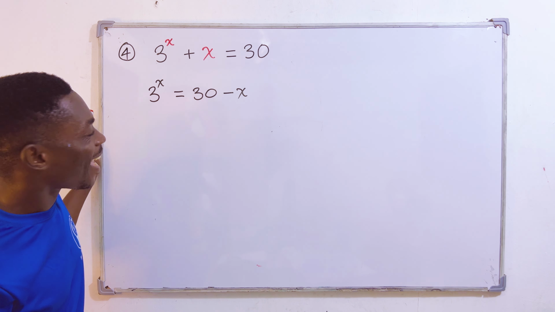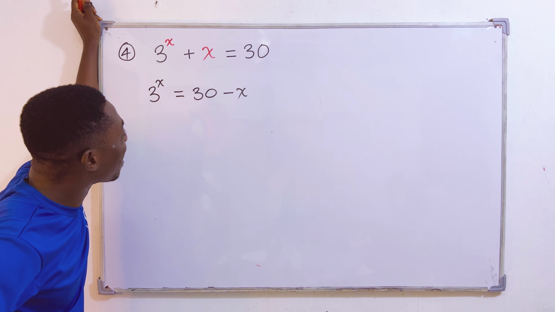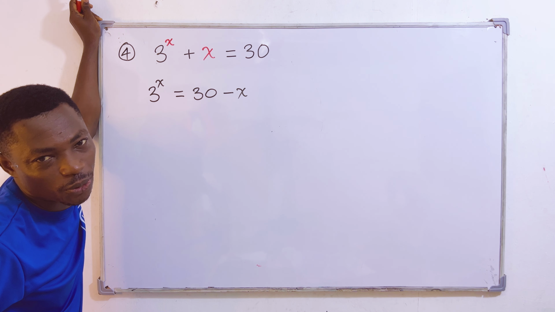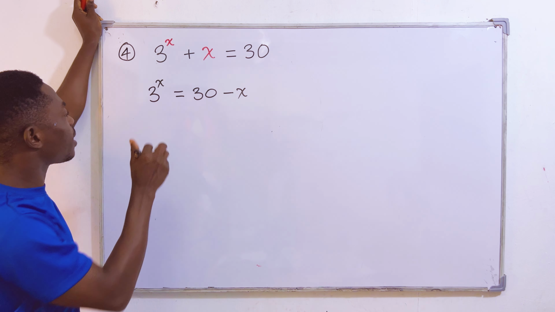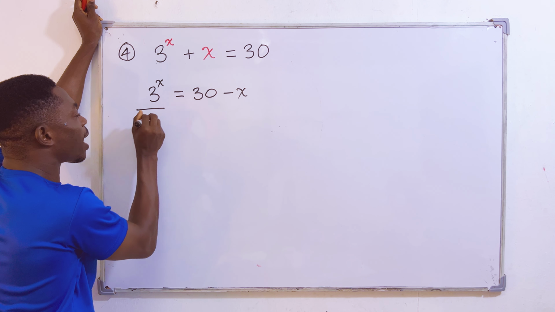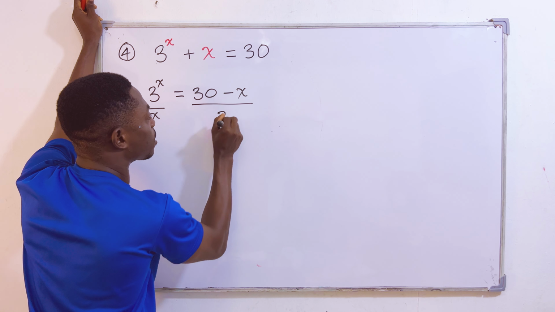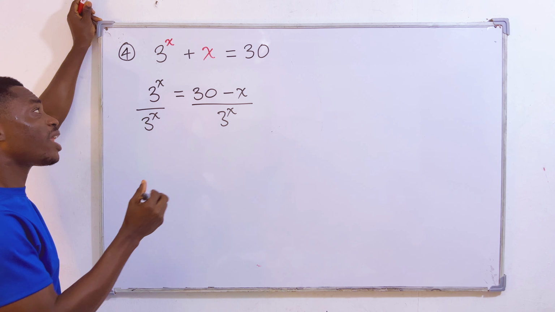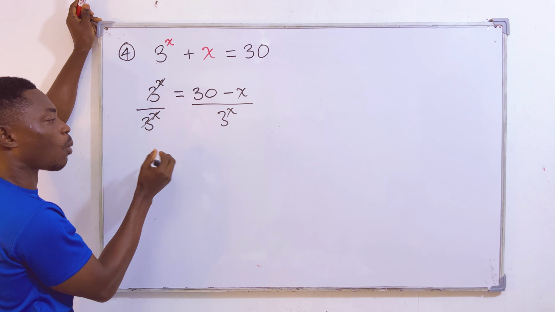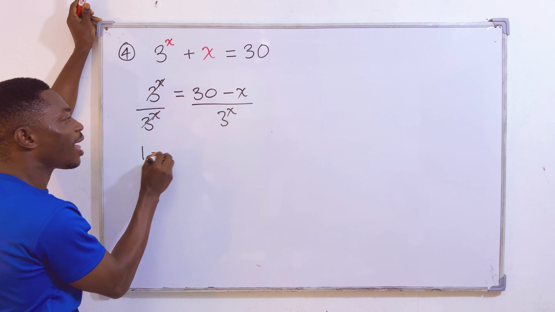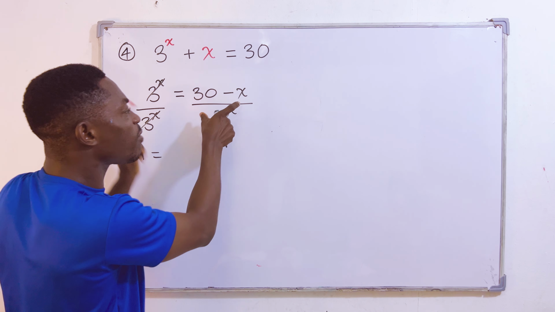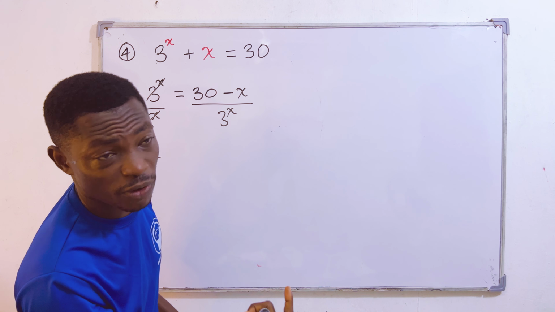That is it. And at this moment, what should I do? Well, I'll just go ahead and then divide both sides by 3 to the power x like this. 3 to the power x. And I know that for sure the rule of this will give me 1. So I'm getting 1 right here. And this is equal to, now we have a fraction. I can decide to split this fraction.